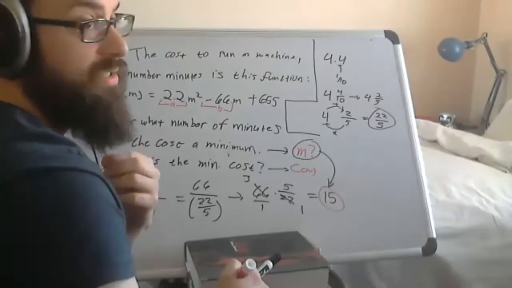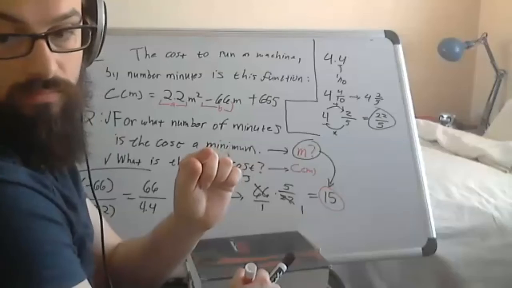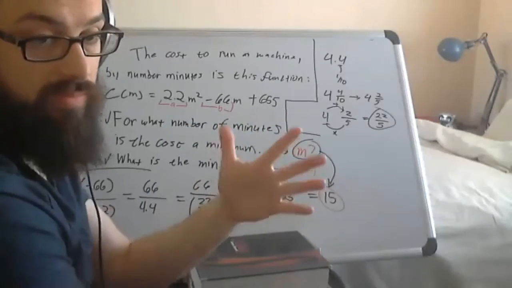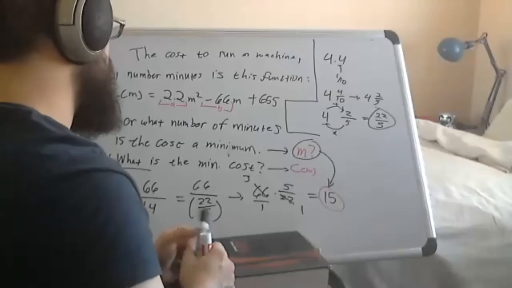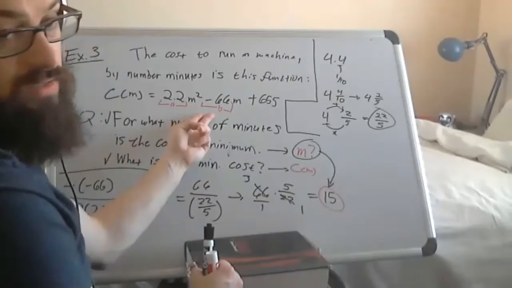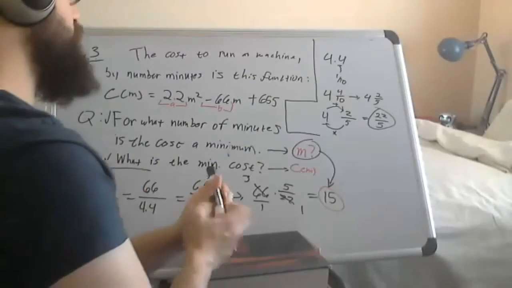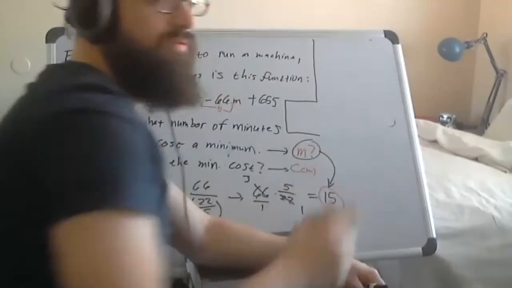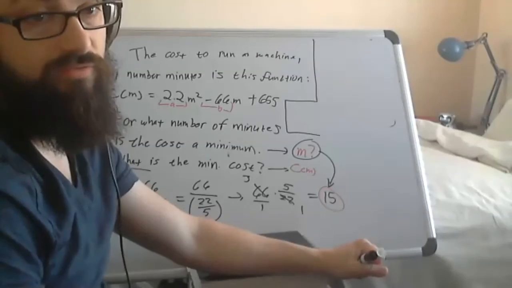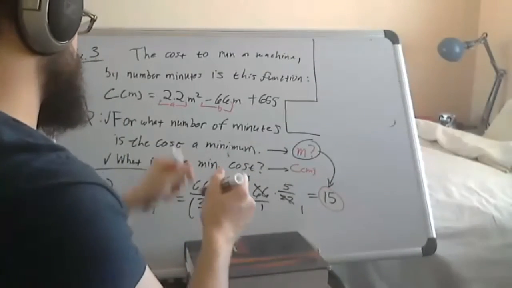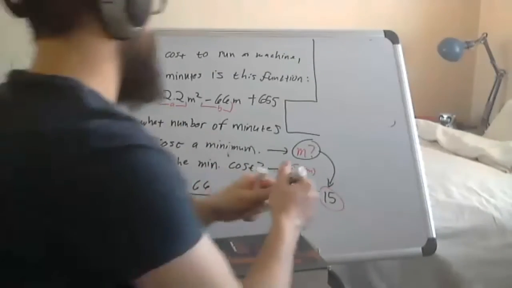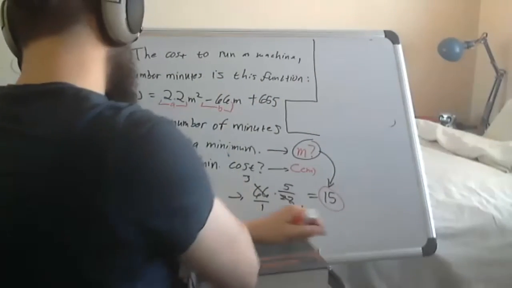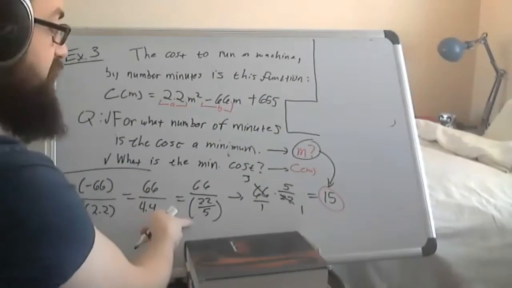Now, this is where it gets slightly ridiculous. In this specific problem, and I'm glad I'm doing this one by hand, because now we need to plug 15 into this nonsense. Good heavens. Now, bear with me for a moment. 2.2 is, what did I say, it's 22/5? Nope, that was 4.4. 4.4 is 22/5.